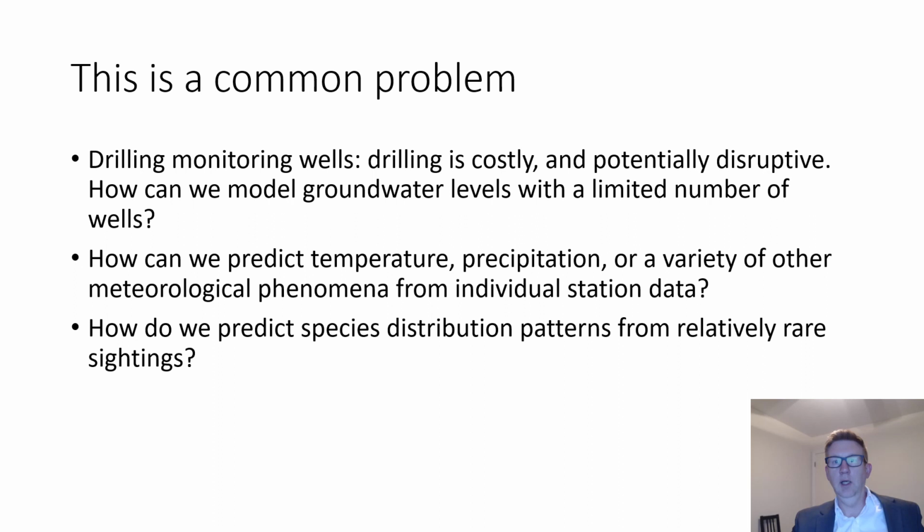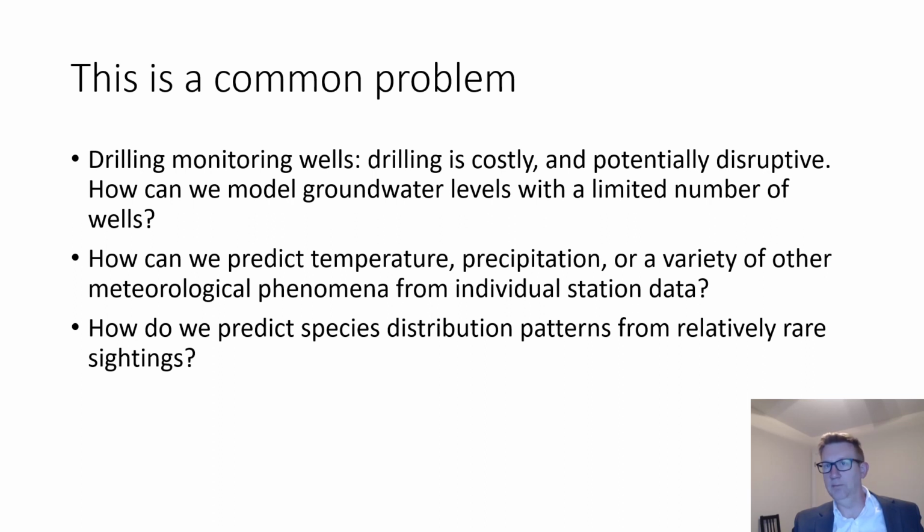One is monitoring groundwater. The idea is we would like to know what's going on with the groundwater in our area. Is it contaminated? Where have the contaminants gone? Is it safe to drink? What are the water levels, for instance? To keep track of this, we can't just look directly into the groundwater everywhere. We have to take the data that we have, whether it's existing wells or maybe putting in a couple of monitoring wells.